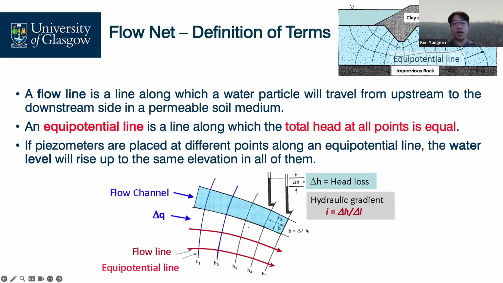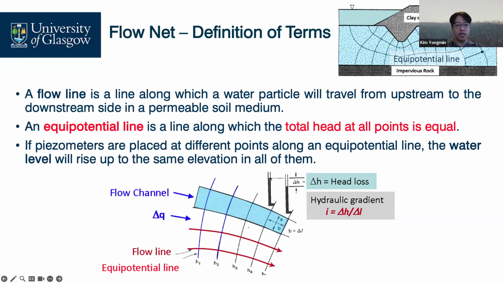An equipotential line is also a line. The total head at all points is equal, which means that if piezometers are placed at different points along the equipotential line, the water level rises up to the same elevation in all of them. If you install this piezometer, the height of water should be the same.